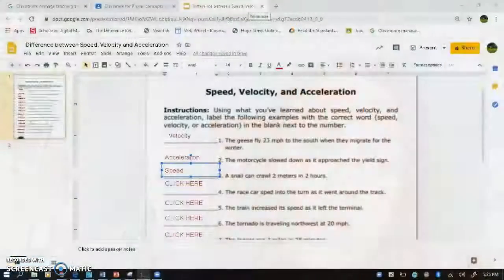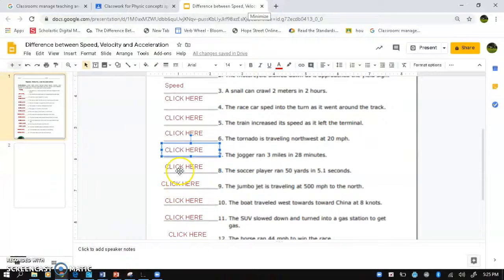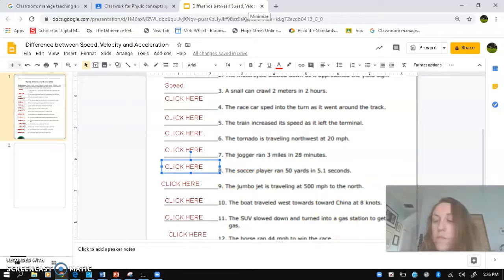I'm going to do one more for you. How about this one? The soccer player ran 50 yards in 5.1 seconds. Now, again, what it's saying is distance over a period of time, right?